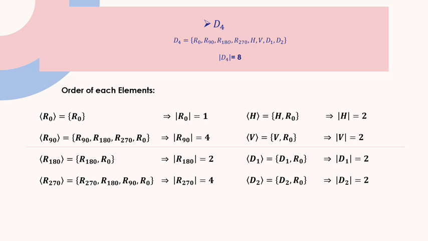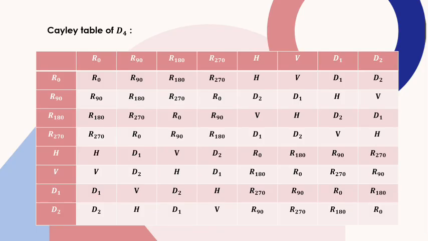Therefore, the order of diagonal 2 is equal to 2. And this is the end of exercise number 1. Before we proceed to exercise number 2, let me show you the Cayley table of D sub 4, wherein the identity of D sub 4 is R sub 0.